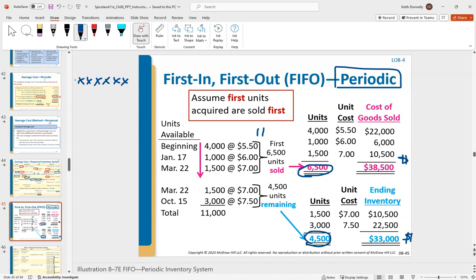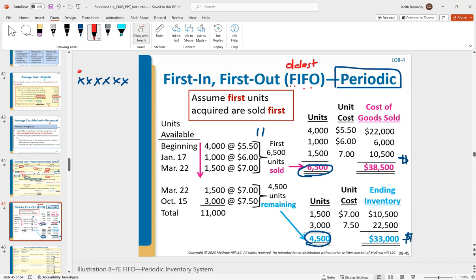So here's our beginning. We made some purchases, we're doing all this stuff. This is just theoretical up here. Whenever we have FIFO, essentially what we do here is that means first in is first out. In other words, we're going to go to our oldest stuff and get that off the books first. So our oldest stuff is our beginning stuff.